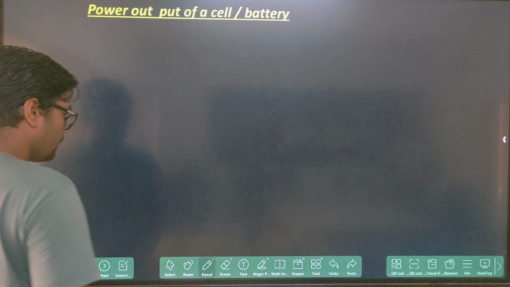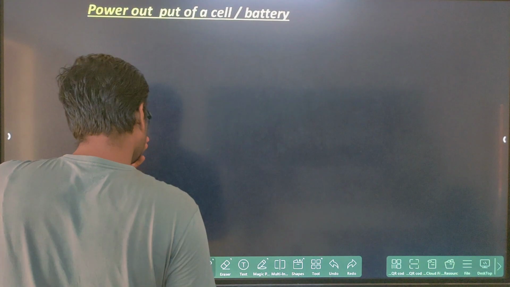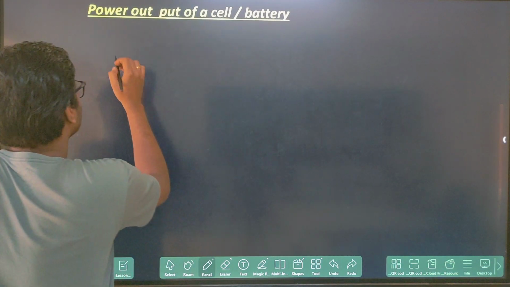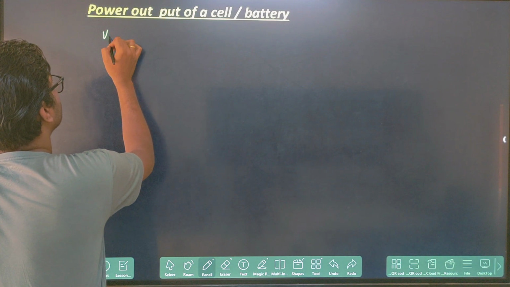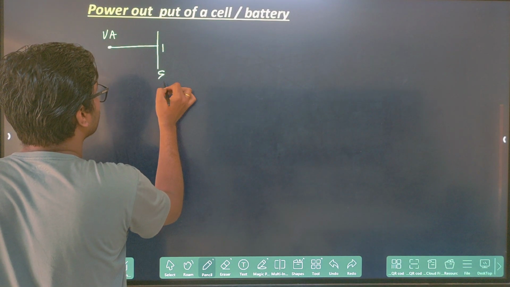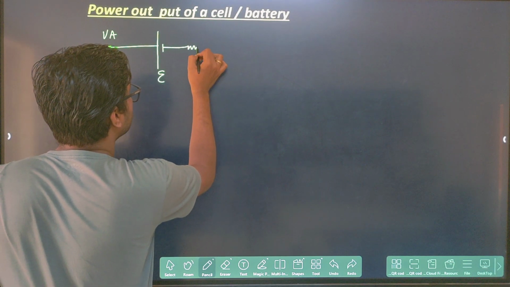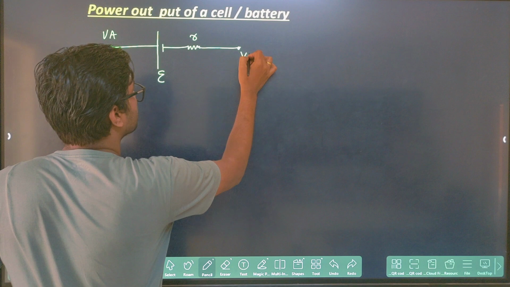Okay. Now we will see the power output of a cell or battery. So basically how do you represent a cell? You will say that this is your VA potential and there will be EMF, that will be E, and there will be the internal resistance of the cell. This is your VB.